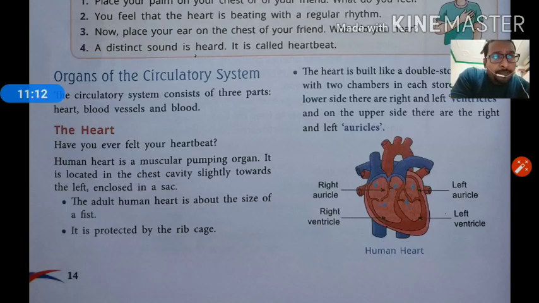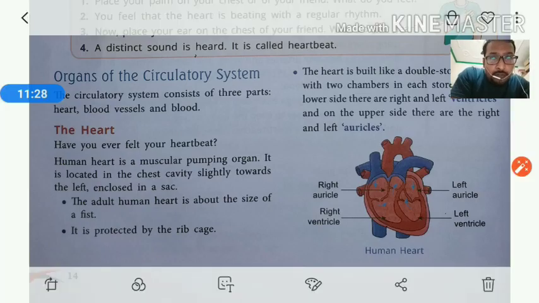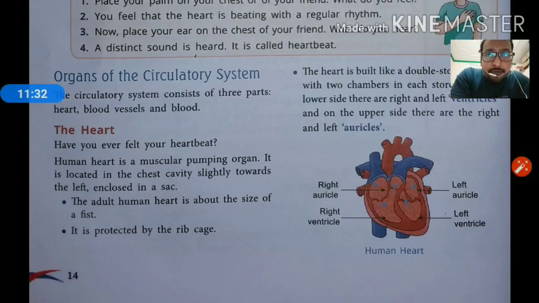No need to color, only color to show blue for carboxyhemoglobin blood and red to show oxygenated blood. So this is what is given. Now I will read it for you.